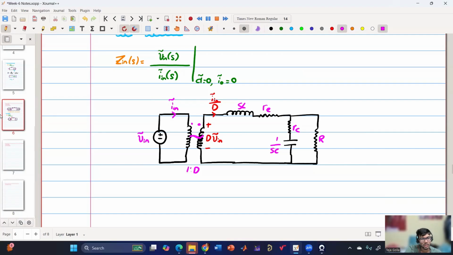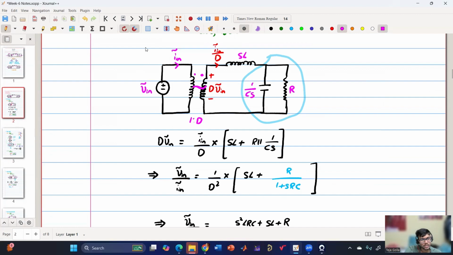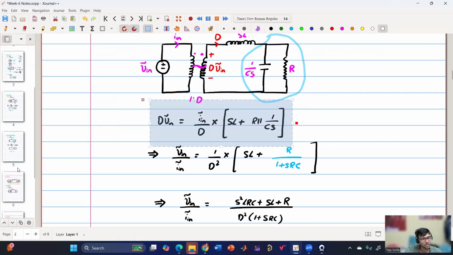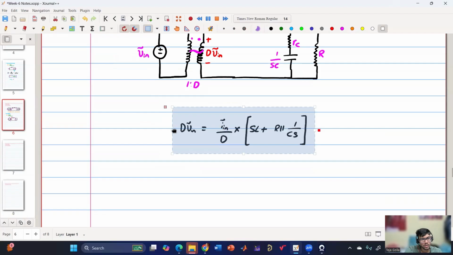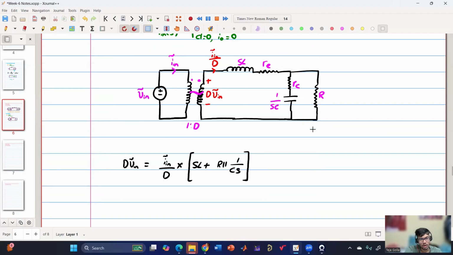Yes, sir. Now if we see the expression over here, the input impedance, we got something like this, dV equal to this. Now the expression will not be simpler because we have some additional parasitics.